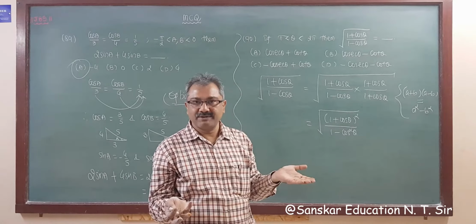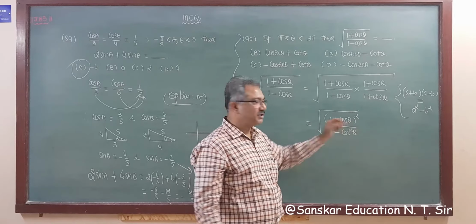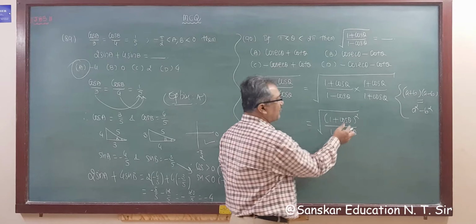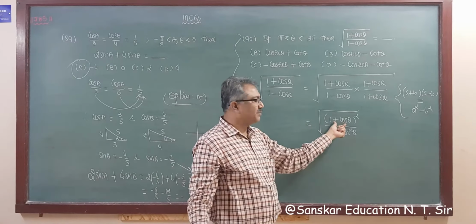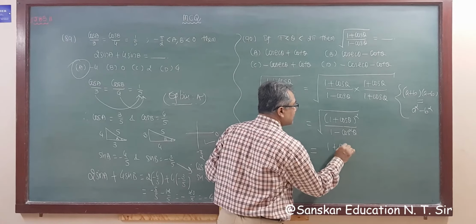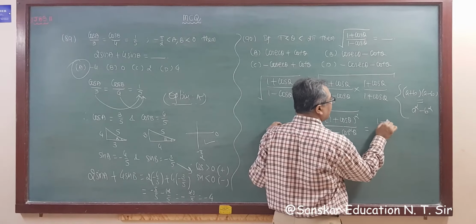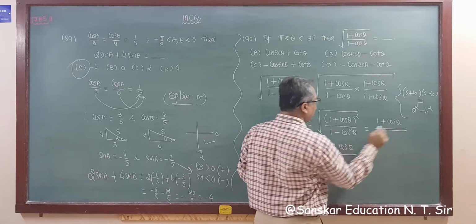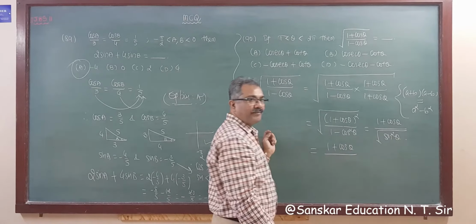The square root of the numerator is always positive, because cos has maximum value plus 1 and minimum value minus 1, so 1 plus cos theta is always positive. So the answer of this is 1 plus cos theta upon the square root of 1 minus cos square theta, which is sin square theta.